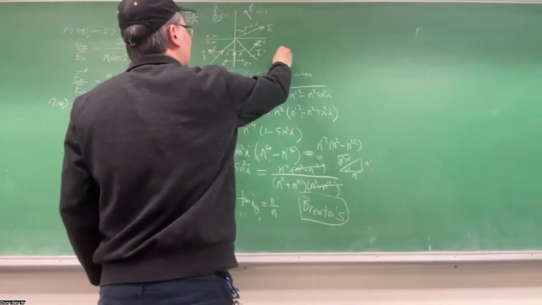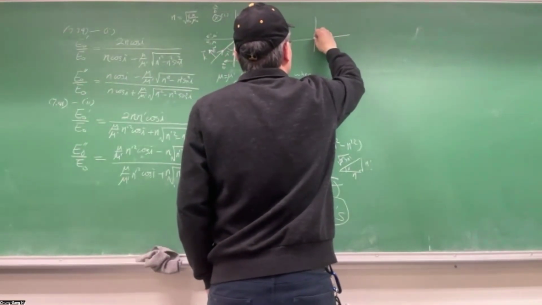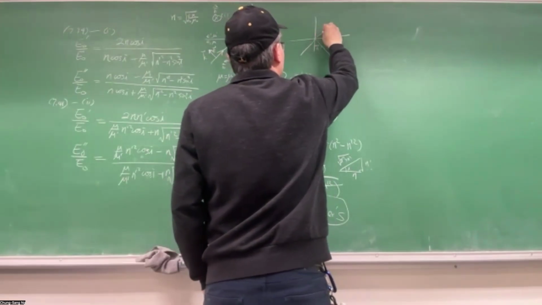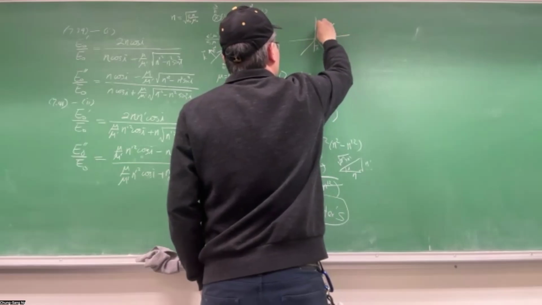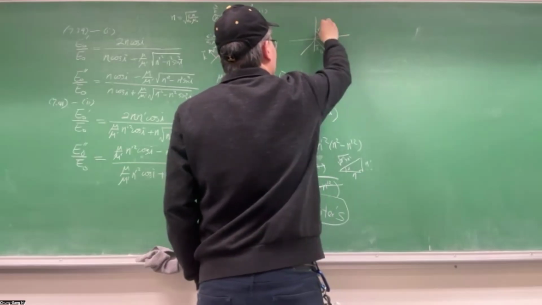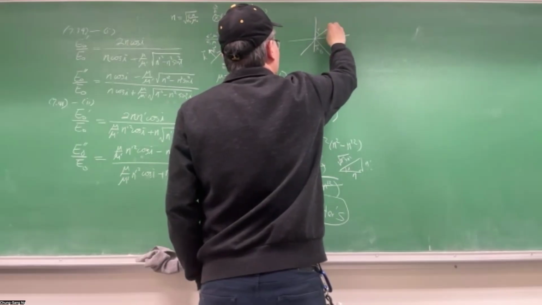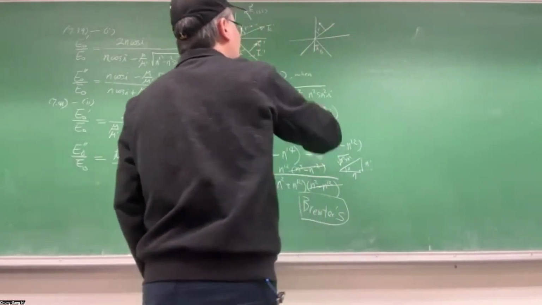Basically, assuming you have a Brewster angle, you have an I here, and then you have R. If this is I sub B, this is R, and the electric field will be pointing in this direction.